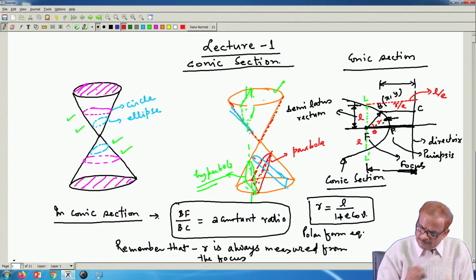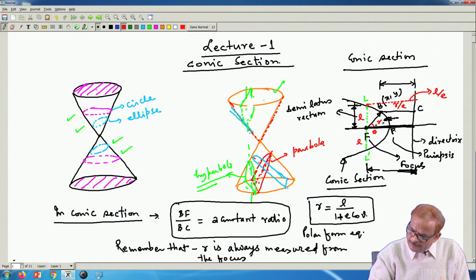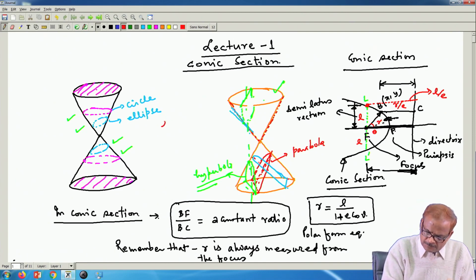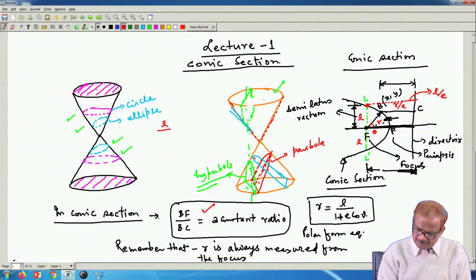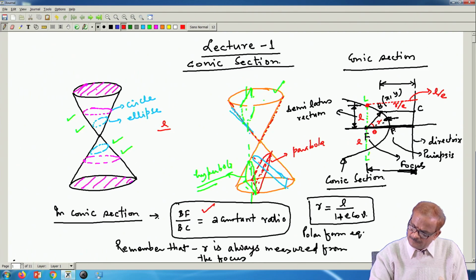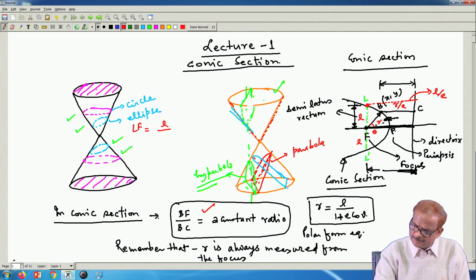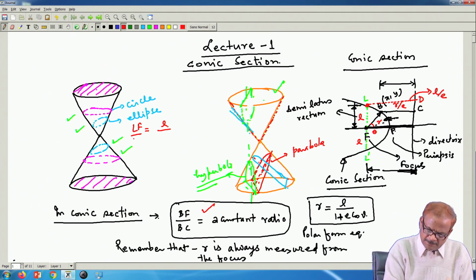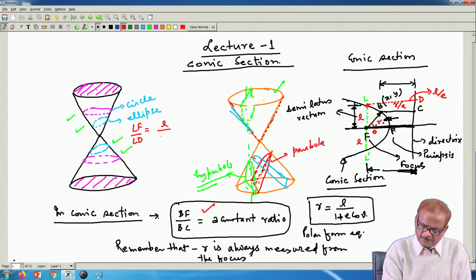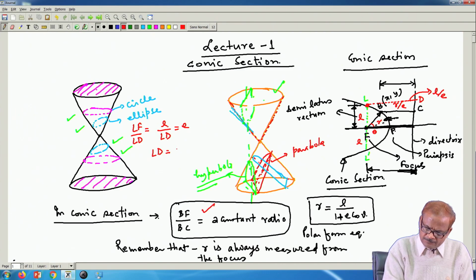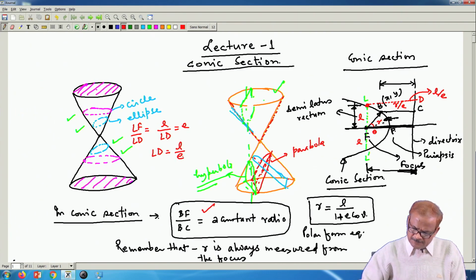Why? Because if you look, this point is also on the conic section. So, by the definition of this conic section, instead of BF, now this will be LF. LF is nothing but L, the semi latus rectum already we have written, and this point let us write as D. So, LF by LD equals E, and therefore LD is L by E. So, we are using this information here.